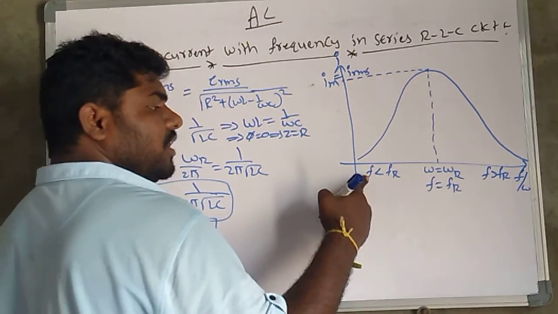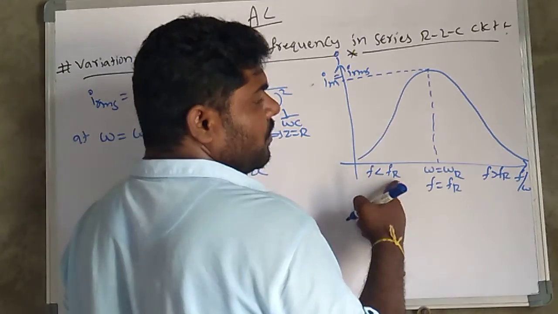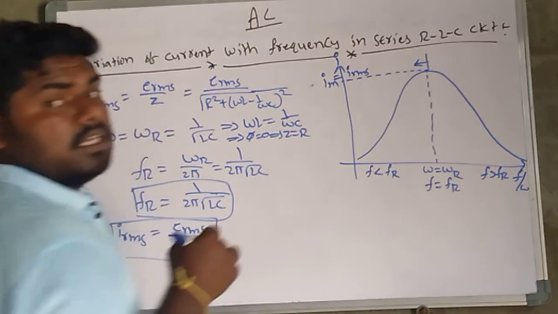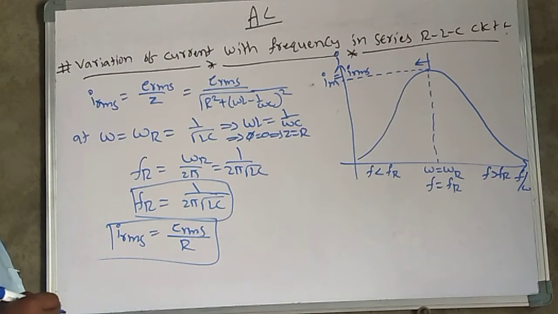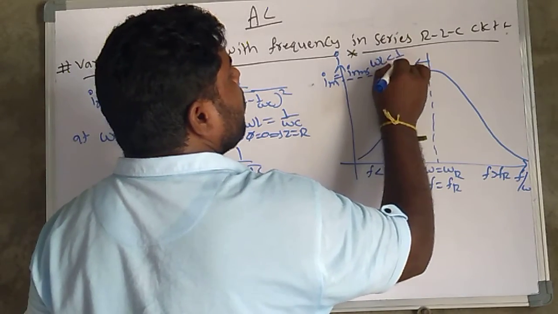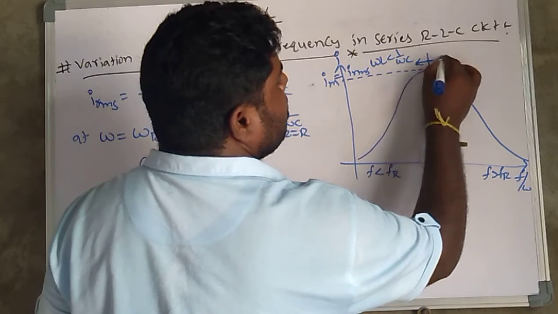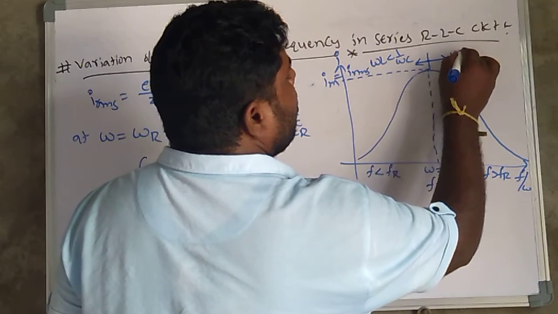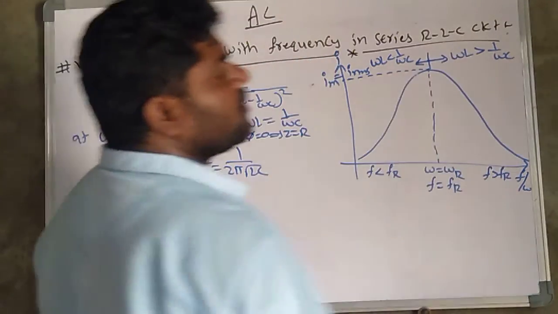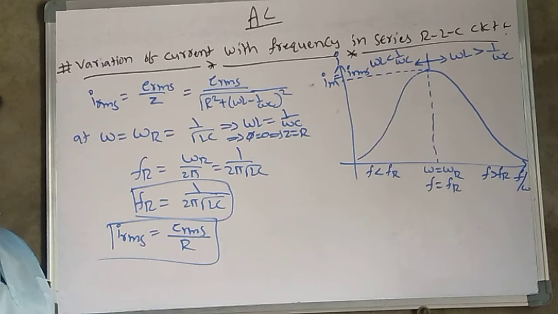In the left area, we call this type of impedance capacitive impedance, meaning omega L is less than 1 by omega C. On the right side, omega L is bigger than 1 by omega C, and we call this type of impedance inductive.